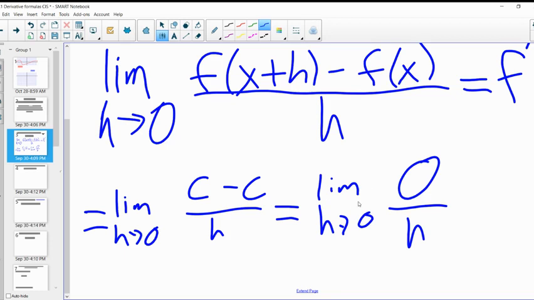So thinking in terms of limits, as I plug in values of h that are close to 0, 1, 0.1, 0.01, negative 0.1, negative 0.01, we always have 0. 0 divided by anything is 0, except for when h is equal to 0. But we don't care about that. We don't care about the value at 0. So our answer is that the derivative is equal to 0. Quick, easy, that's what we were expecting.